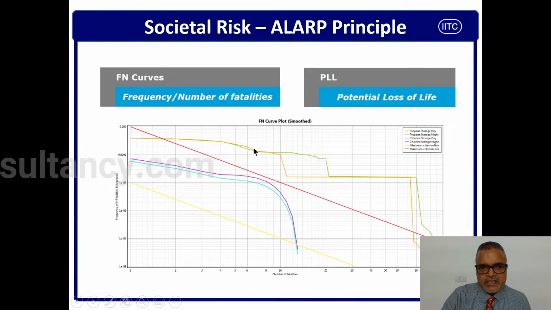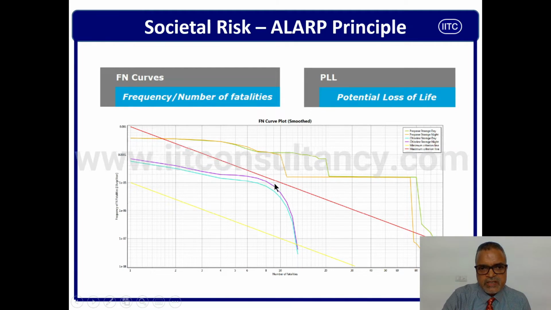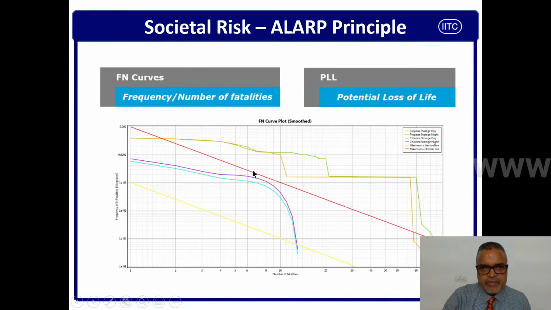This light green is for day hour risk, and this light yellow is night hours risk. And if you come here, chlorine, this is a night hour risk and this is day hours. This is the minimum criteria line, and this is the maximum criteria line with respect to the FN curve.